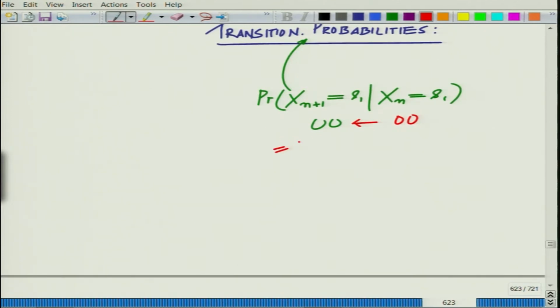The probability of this is, both are operational and both continue to remain operational, that is, operational intersection operational, continue operational intersection continue operational.